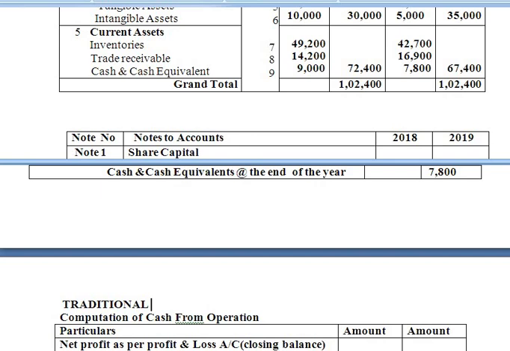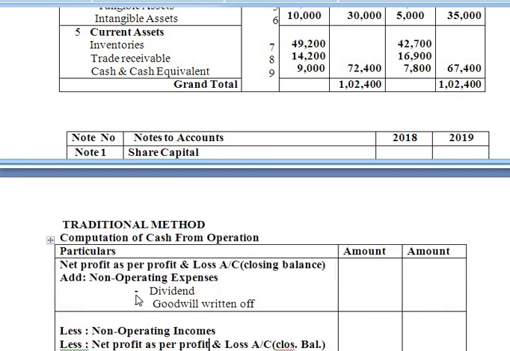As I said, practically this is not done now, most of the time the other method only will be used, but we have option over here and we can calculate as per traditional method and we'll get the same marks. There is no reduction in the marks if you solve as per traditional method. Okay, so we'll calculate now cash flow statement as per traditional method.